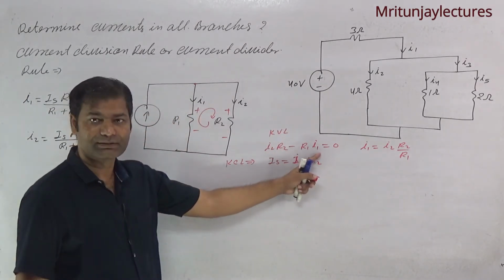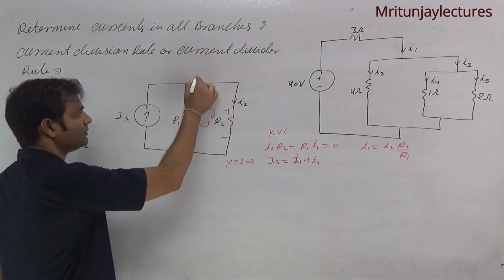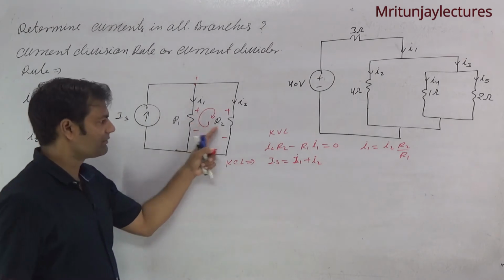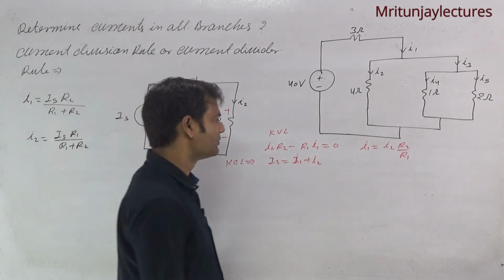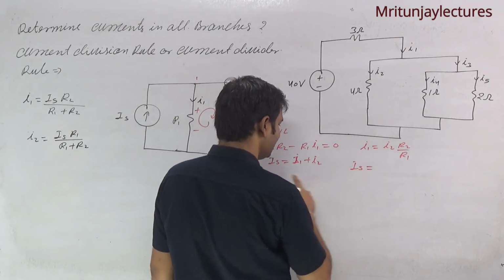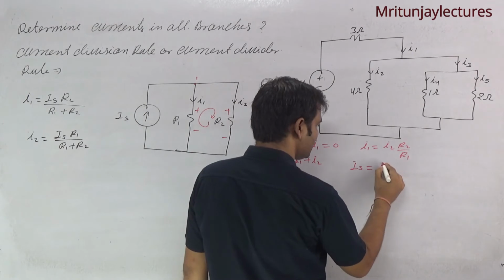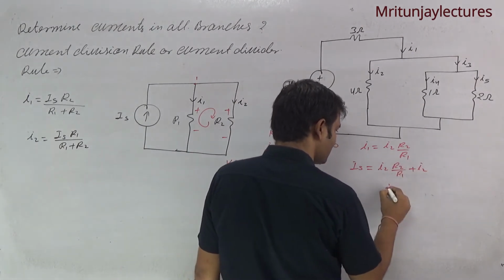So with the help of this rule, according to KVL like this one, and according to KCL at node A, IS is equal to I1 plus I2. Putting this value here, IS is equal to I2 into R2 by R1 plus I2. So what about I2?